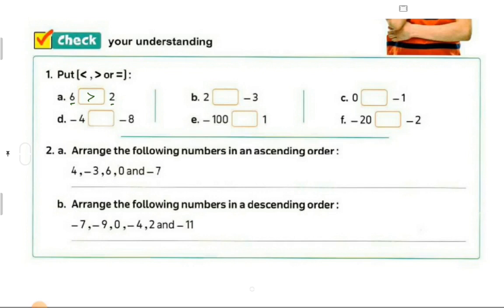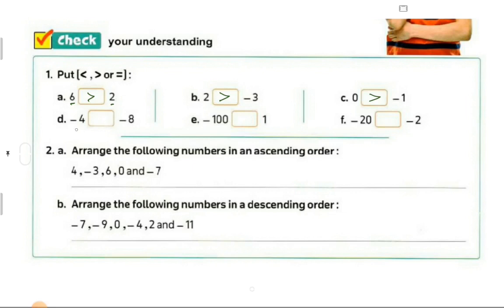It's easy. 2 and minus 3. Of course, any positive digit or integer is greater than any negative integer. 0 and negative, of course, 0 is greater than any negative integer.